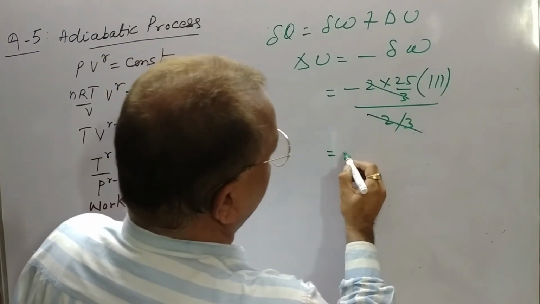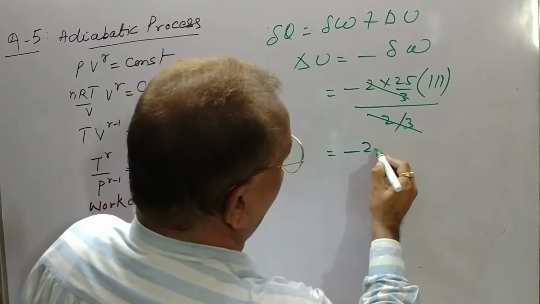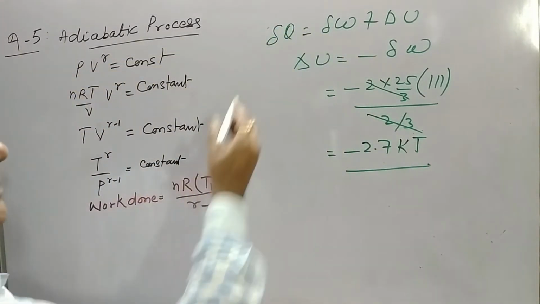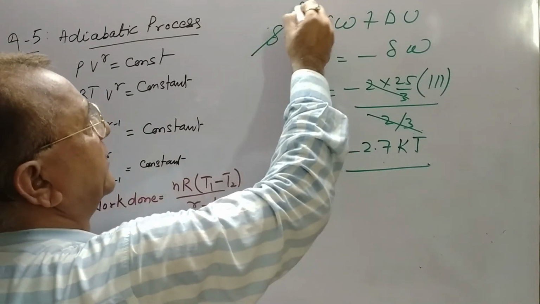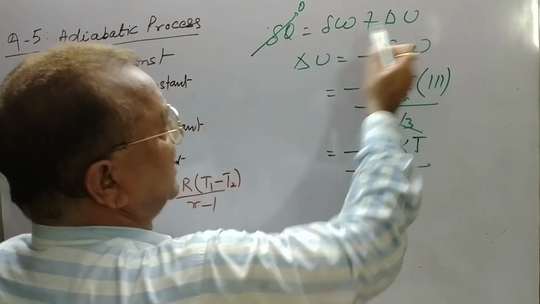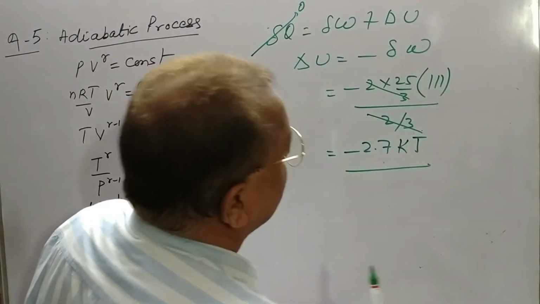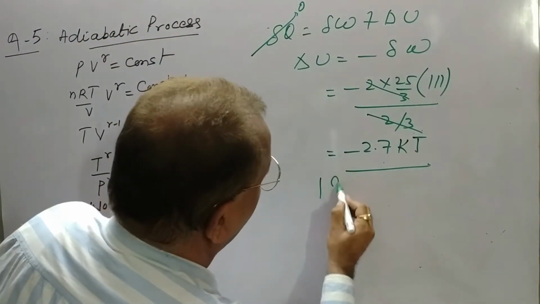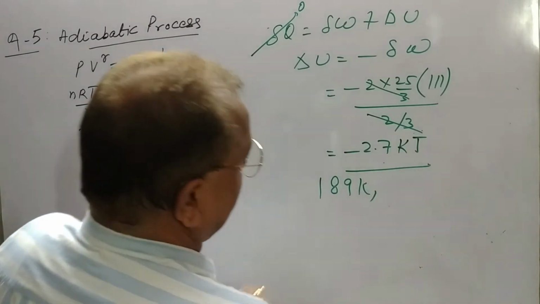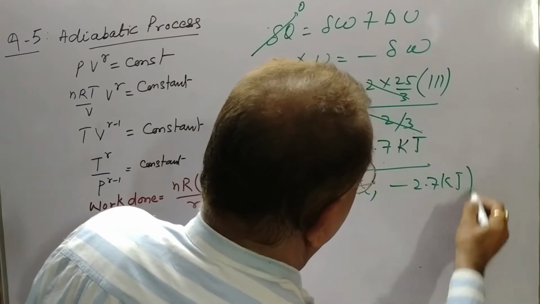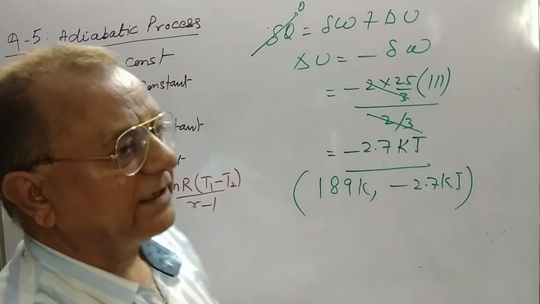You will get the answer minus 2.7. This is the answer. Remember, heat transfer during adiabatic process is 0. Therefore, change in internal energy becomes equal to minus of work done during the process. 189 K is the final temperature, minus 2.7 kilojoule is the change in internal energy.